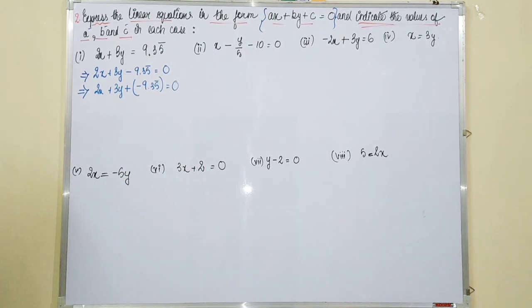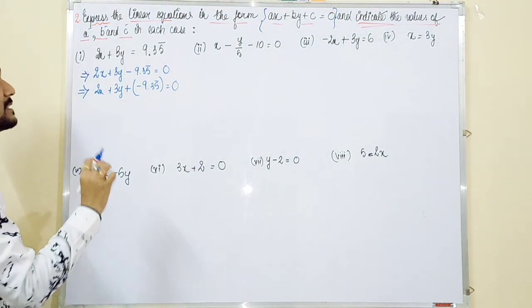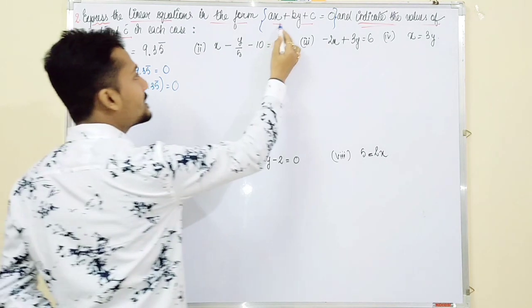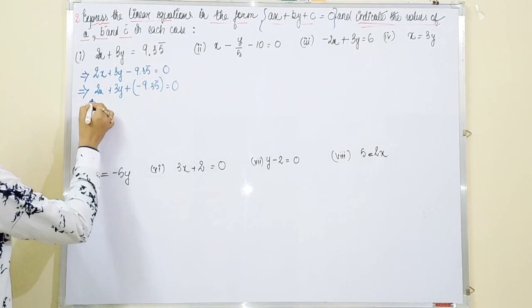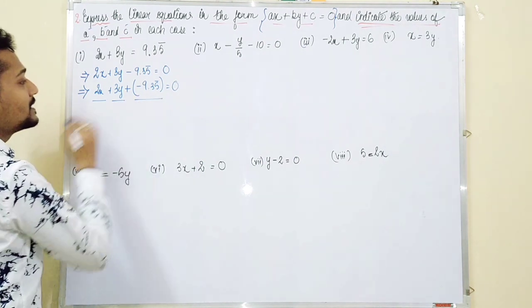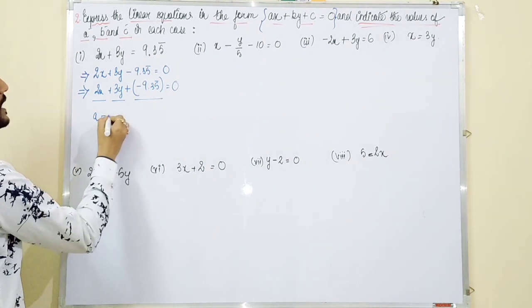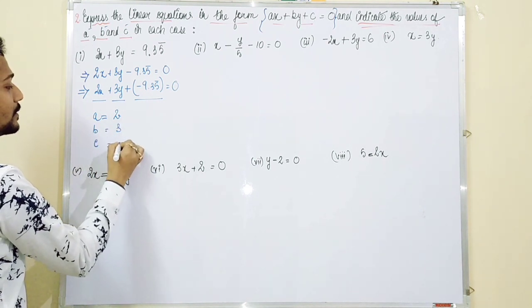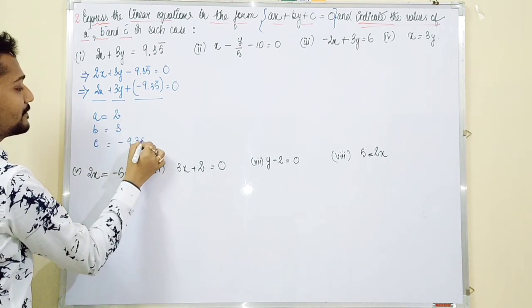Now also if you see the equation, the meaning has not changed, but if you see carefully, it is now in the form of ax plus by plus c. That means what is the value of a? a is equal to 2, b is equal to 3 and c is equal to minus 9.35 bar.